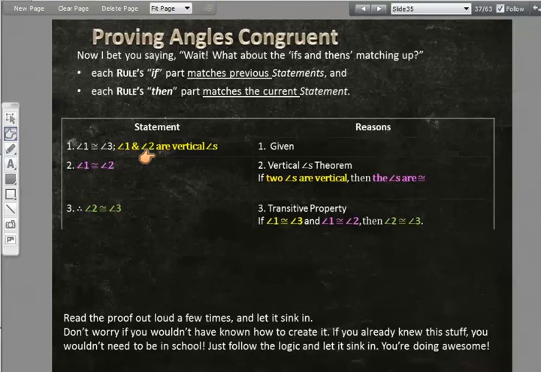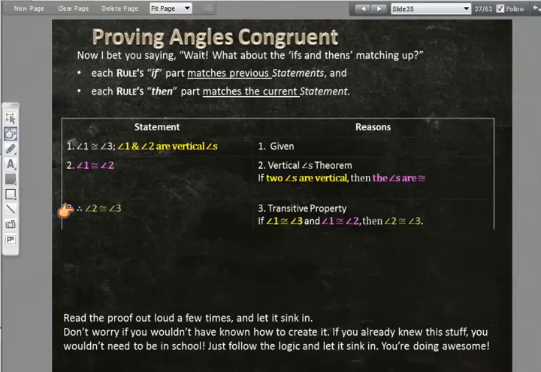Up here I said angle 1 and angle 2 are vertical angles. Right here I just reworded a little bit, but it still means the same thing: if two angles are vertical, then the angles are congruent. So that matches up with my current statement of angle 1 is congruent to angle 2.